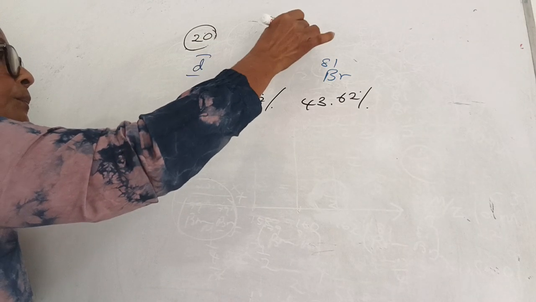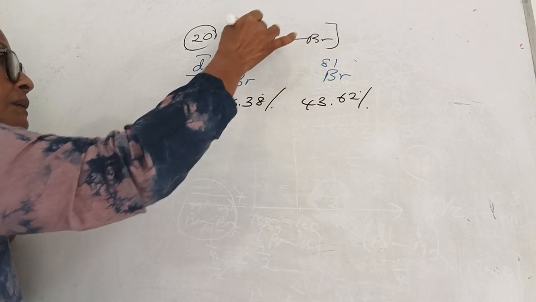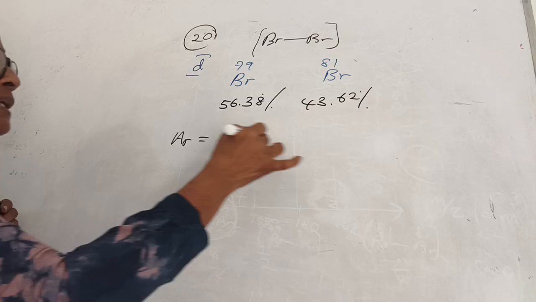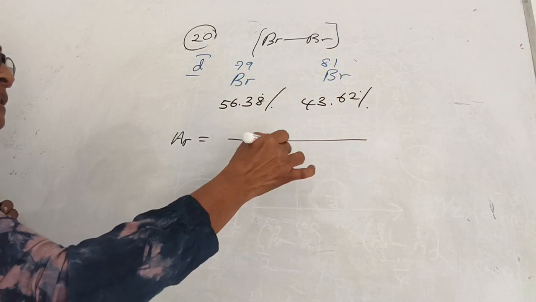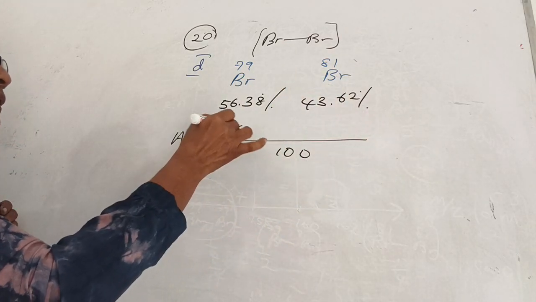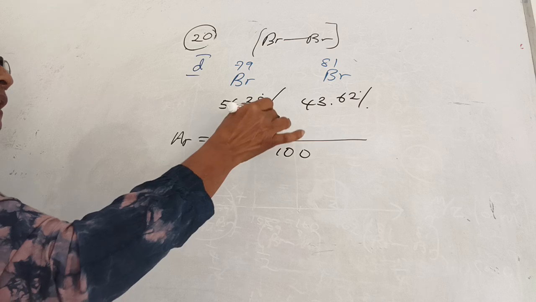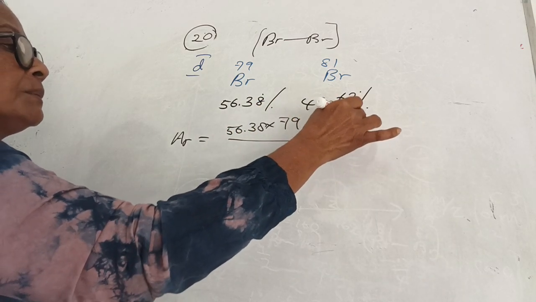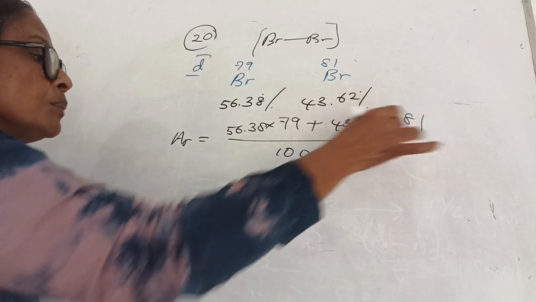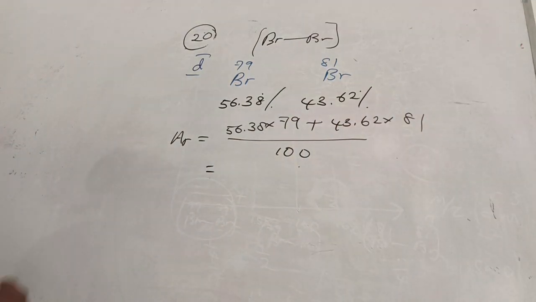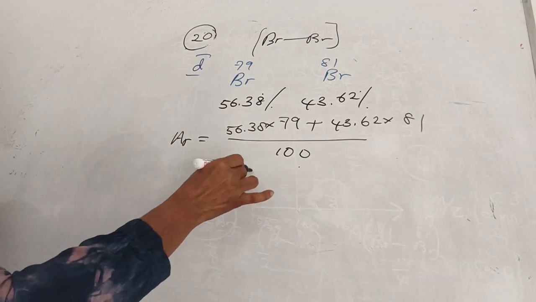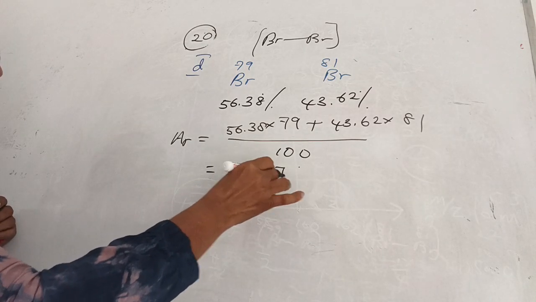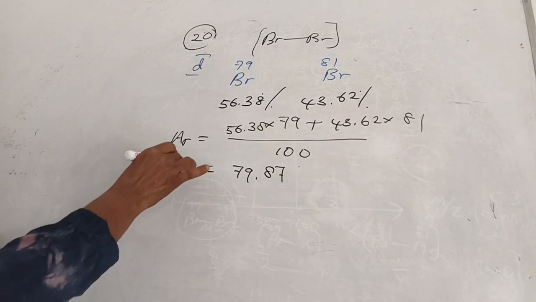To get the relative molecular mass of the bromine molecule, you should know the atomic mass of bromine. These two added together come to 100. Out of 100, 56.38 times 79, plus out of 100, 43.62 times 81. Once you simplify, you get the atomic mass, which is 79.87. This is the atomic mass of bromine.